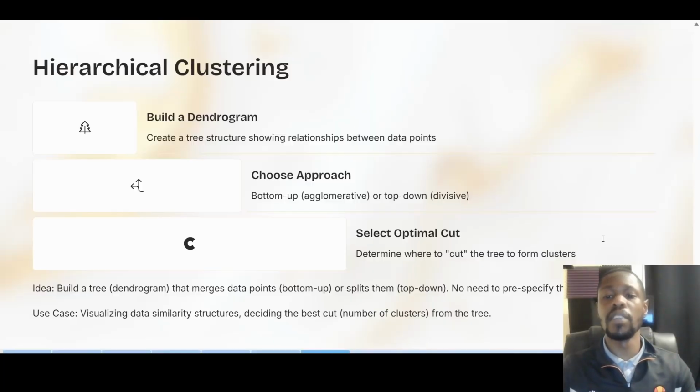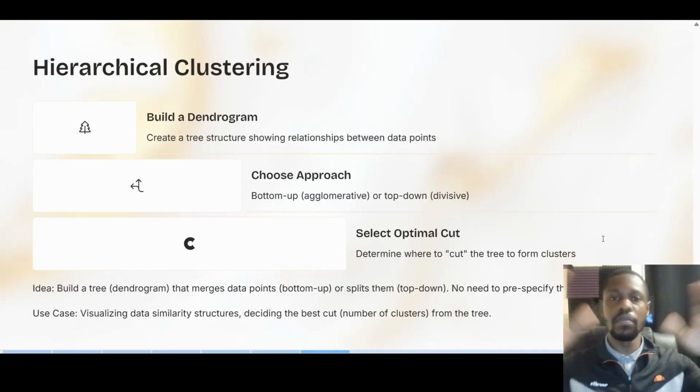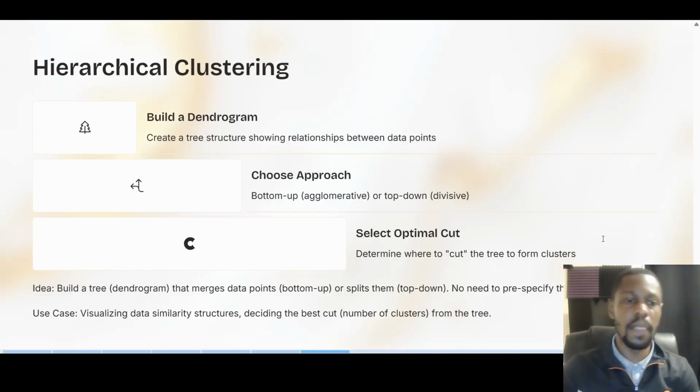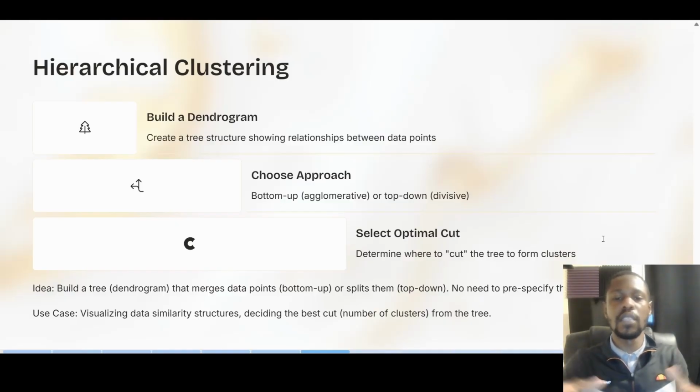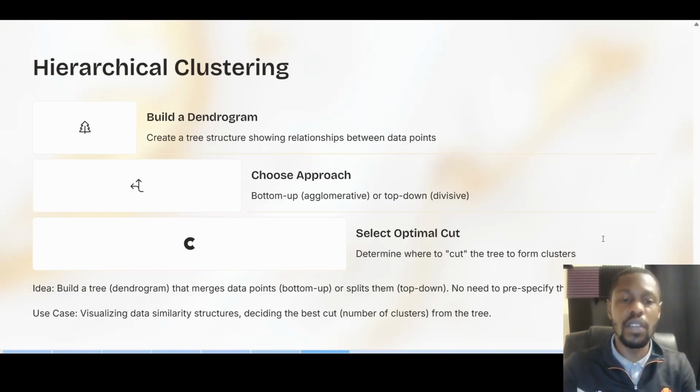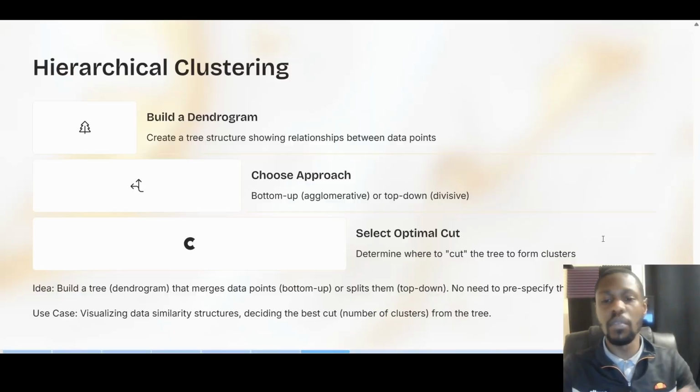So we determine a place to cut the tree, to say that we have enough relationships, enough data. This is the data that we want to focus on, essentially. The idea is to build a tree known as a dendrogram that merges the data points bottom up or splits them top down, and there's no need to pre-specify the number of clusters. The use case is visualizing the data's similarity structures and deciding the best number of clusters from the tree.